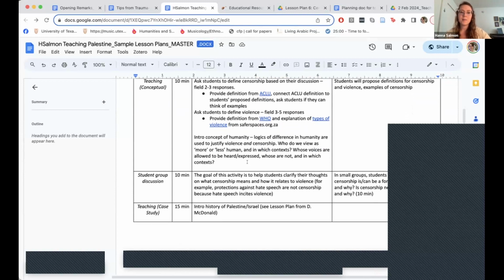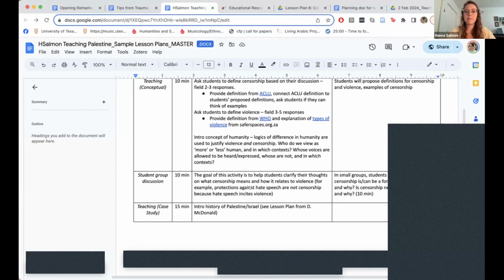And then just to bring us back out of the nitty-gritty into the fundamentals, we talk about the actual issues at stake, which are questions of humanity. Whenever people need to justify violence and censorship, often what's at play is a logic that there's a difference in the humanity between different groups of people, right? So that's just to help pull people back out.